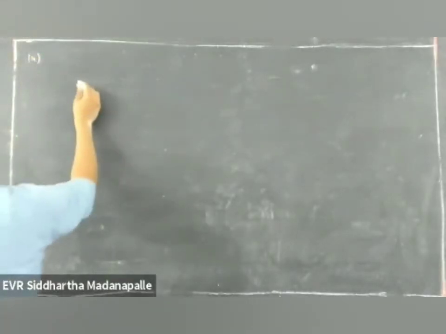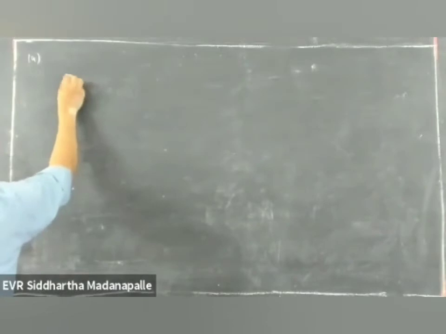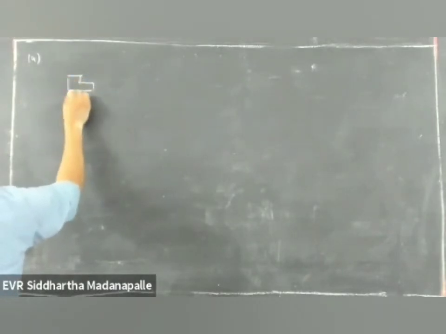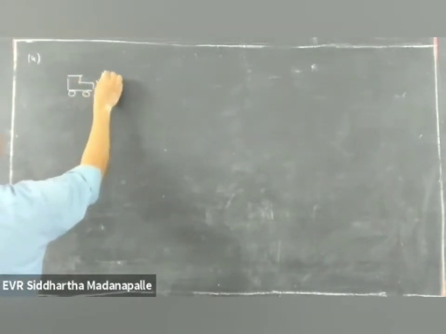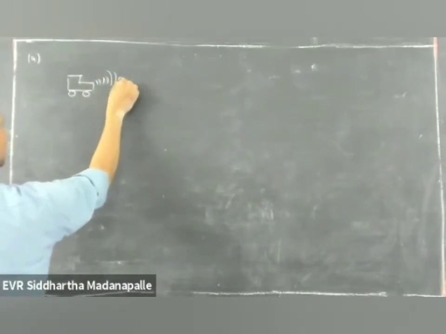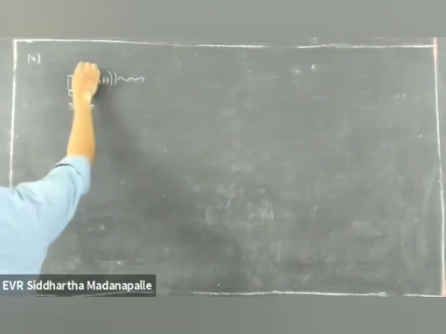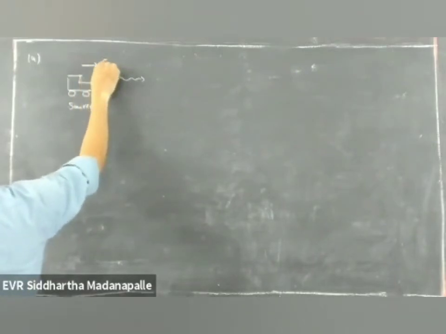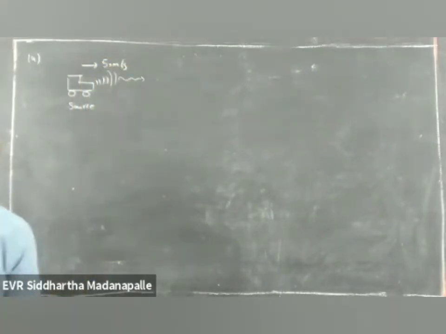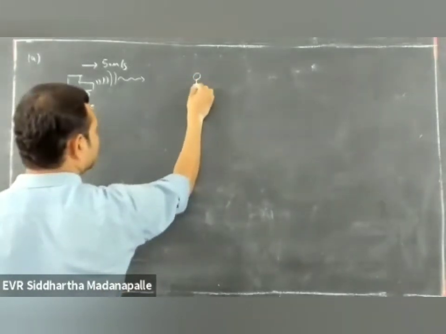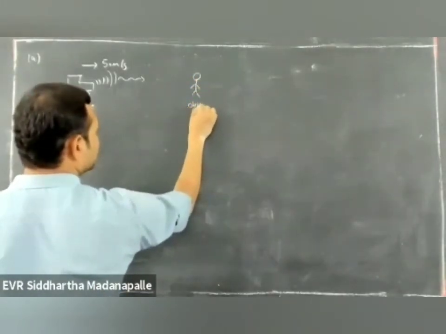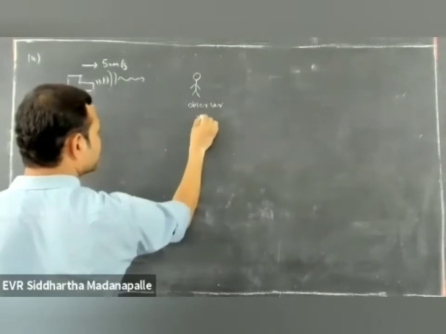Stationary observer. Let us consider a source here. This is a car, moving with a speed of 50 meter per second. The stationary observer is at rest.